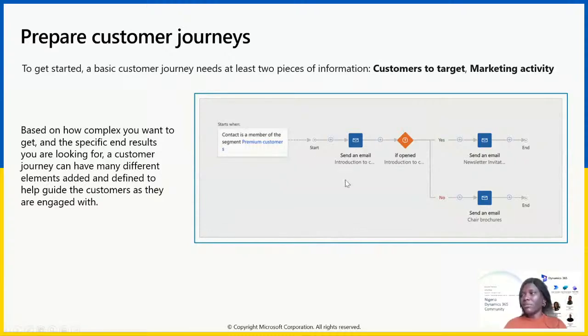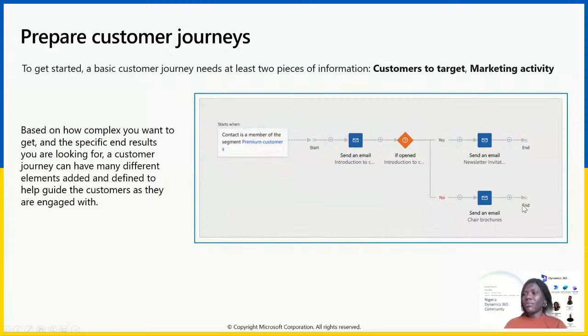Then you send them an email. Then you can say, if the email is opened, then send another email about a newsletter invitation, you know. And if it's not opened, just send an email with our chair brochures and end it.